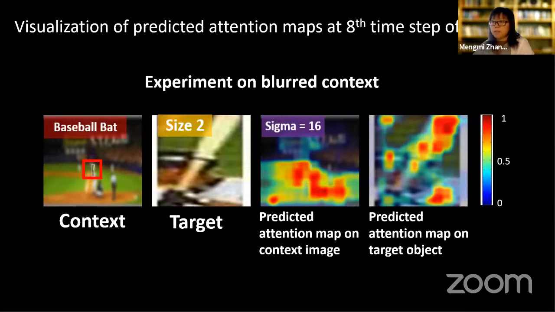These are the predicted attention maps overlaid on the context and target image respectively. By observing these maps, CRTNet seems to capture the gist of context by selectively focusing on highly correlated contextual regions. For example, CRTNet is focusing on the locations where the baseball player or the baseball field is. The normalized attention values are shown with the scale bar on the right.